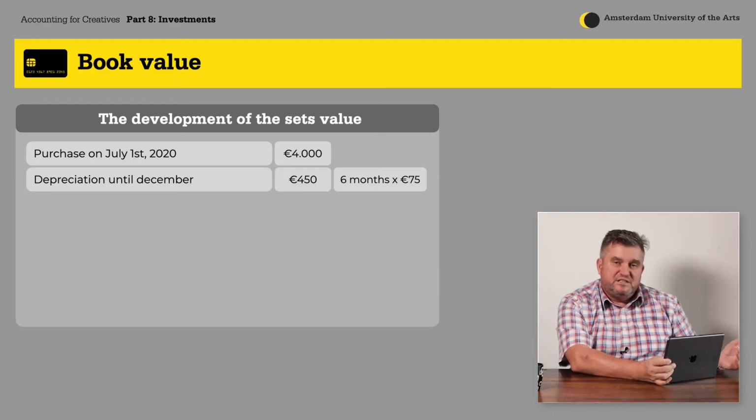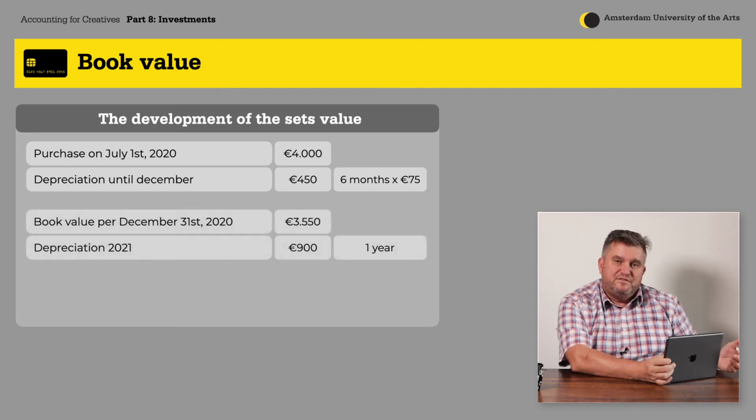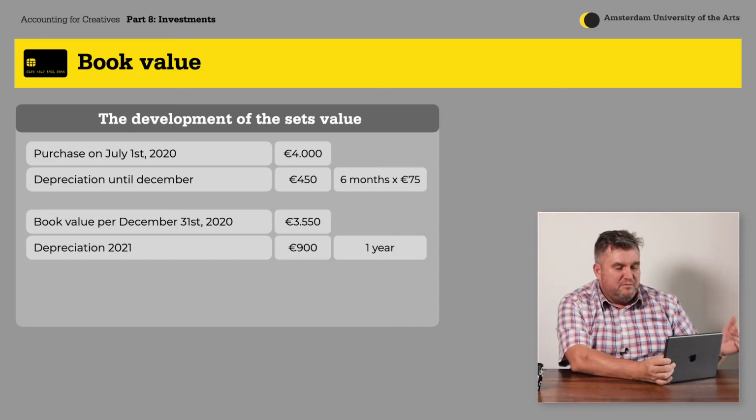But the depreciation until the end of the year, after 6 months, will be 6 times 75, so it will be 450 euros. Subtracting this from the 4,000 means the book value at the end of the first year will be 3,550 euros. So it is the purchase value minus the depreciation of 6 months.